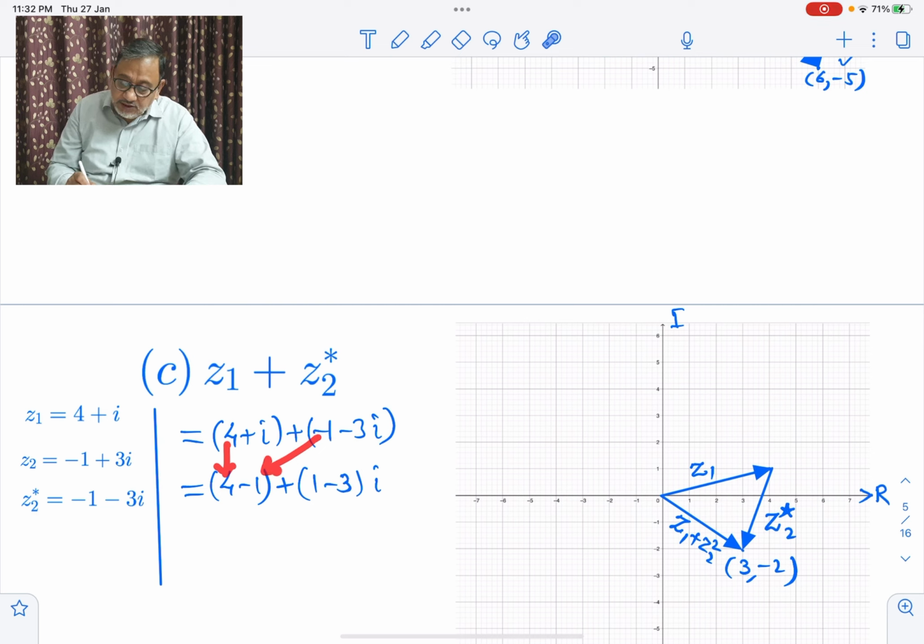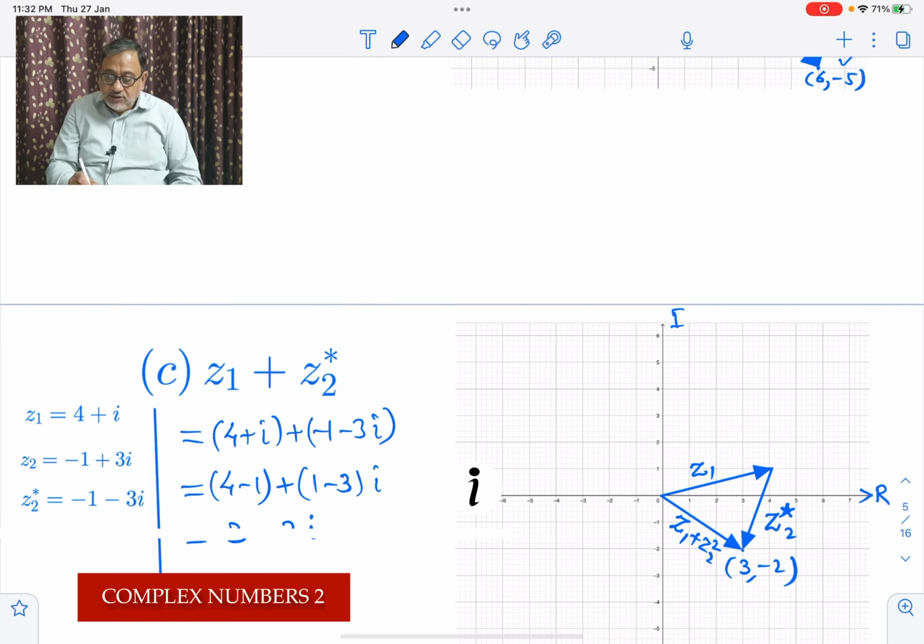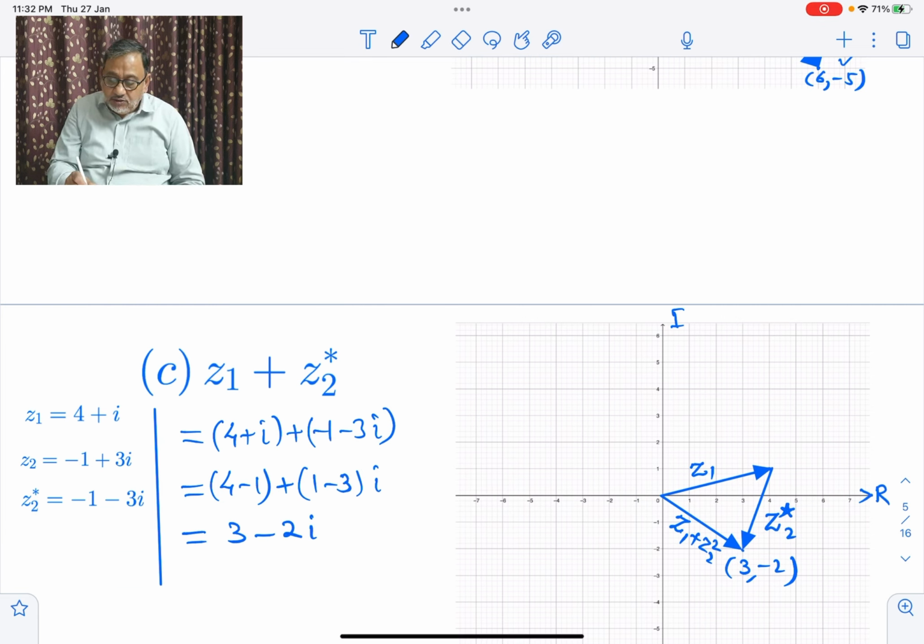Then from the imaginary parts, 1 is here and minus 3 is here. So 4 minus 1 is 3, and 1 minus 3 is negative 2i. So this is the point 3 comma minus 2. I hope you understood this.